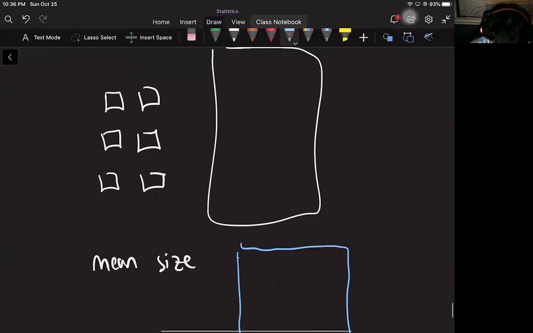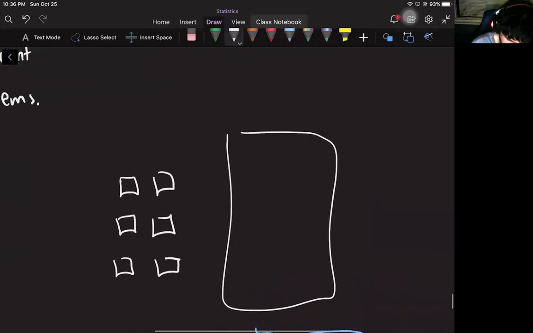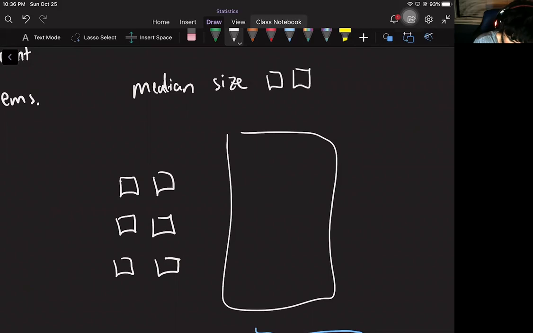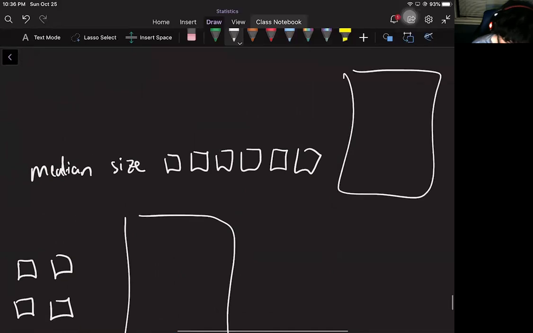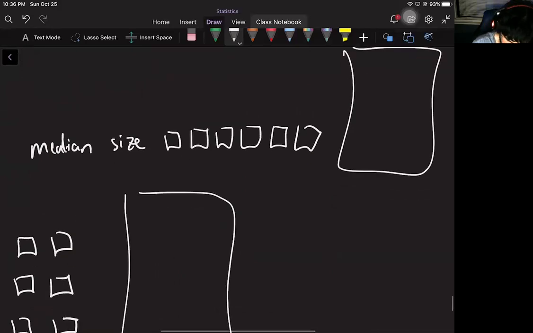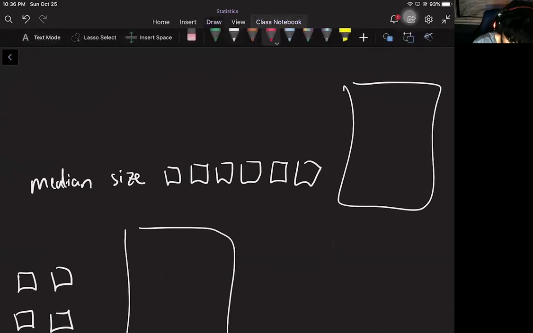But if you use the median, well, what's the median size of these boxes? If I put them in size order, and then I have this big one over here, well, the median size is this one here, right?